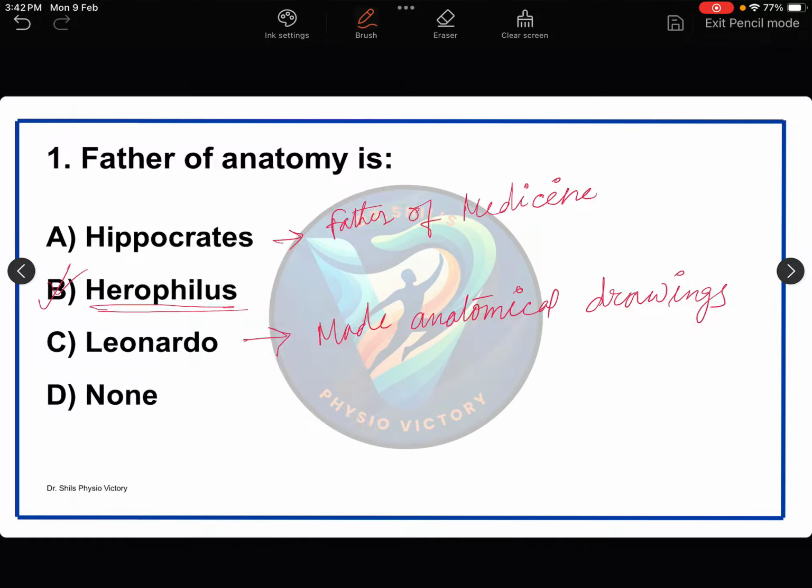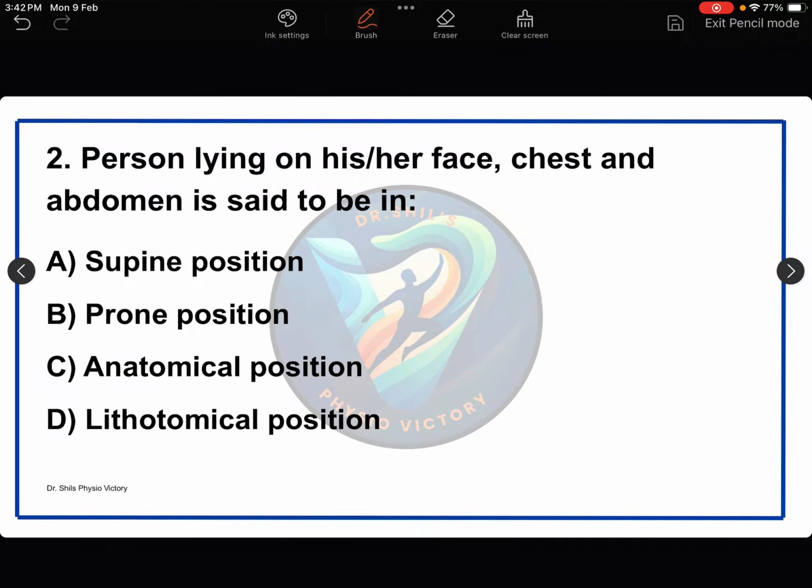Next come to question number 2. Person lying on his or her face, chest and abdomen is said to be in option A supine position, option B prone position, option C anatomical position, option D lithotomical position. Here the correct answer is option B prone position.